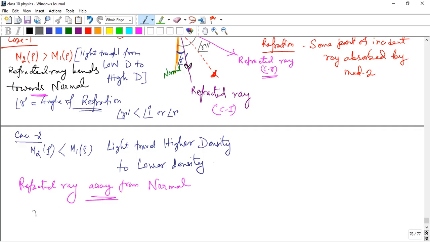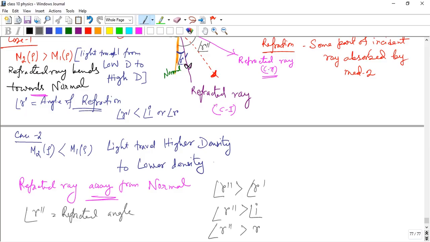R double dash represents the refracted angle. You see that it is greater than R dash, and the R double dash angle is also greater than angle I. R double dash is also greater than angle R.